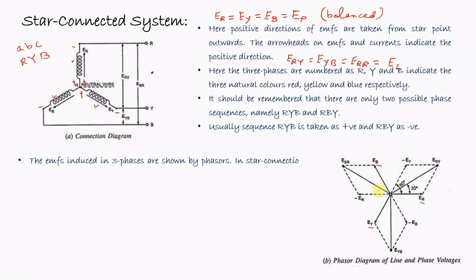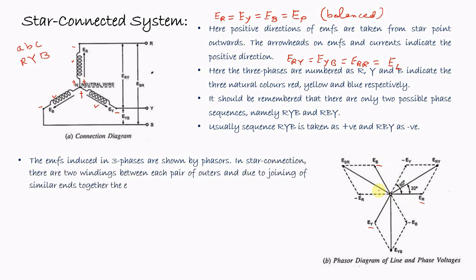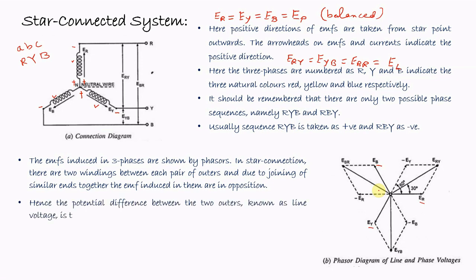Now the EMFs induced in the three phases are shown by these phasors. In the star connection there are two windings between each pair of outers, and due to joining of the similar ends together, the EMFs induced in them are in opposition. So the potential difference between two outers, known as the line voltage, is the phasor difference of the phase EMFs of the two phases concerned.